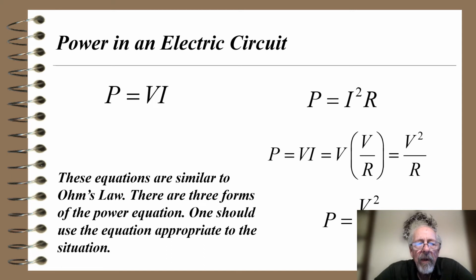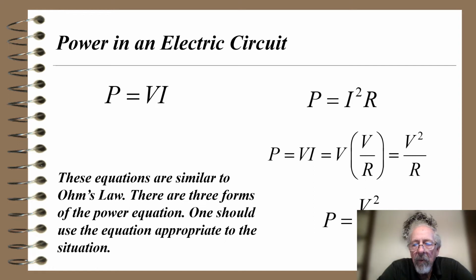This slide has an equation that says power in an electric circuit. It turns out that if we have an electric circuit, the current flows and there's voltage applied to cause that current to flow, there will be power used. And the equation is power equals volts times amps, or V times I. On the right-hand side, we have several variations of this.